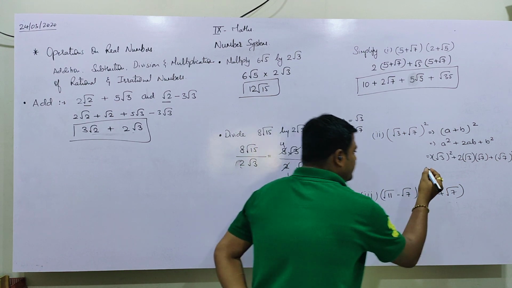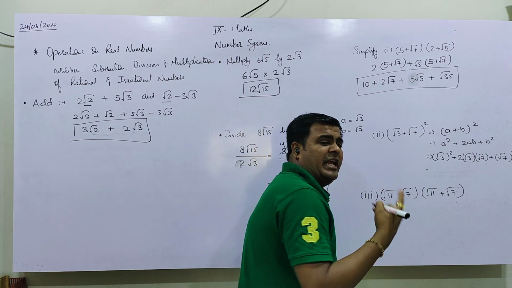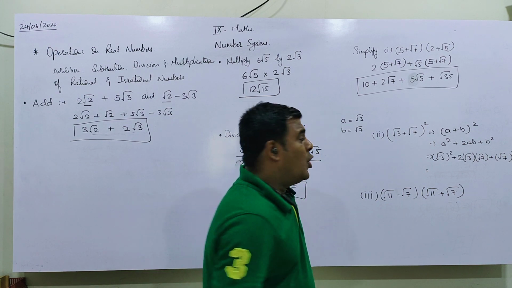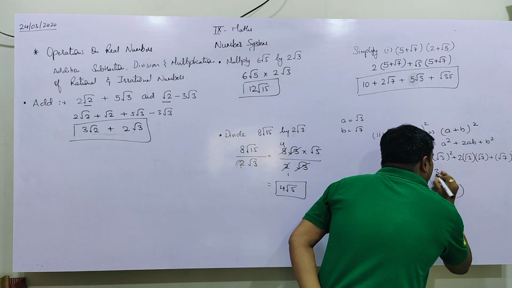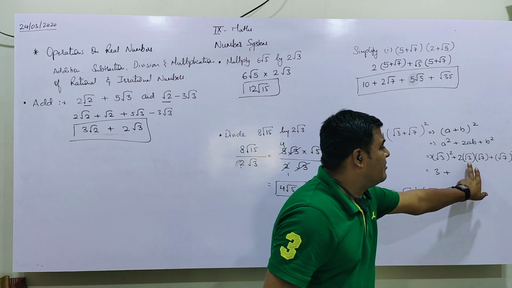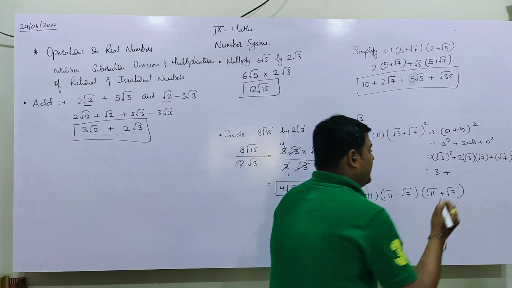So now root 3 into root 3 is equal to 3. Remember, squaring of any root will become the whole number. Root 3 into root 3 will become 3 plus here we have rational number 2 and irrational numbers 3 and 7. So we will multiply root 7 with root 3.